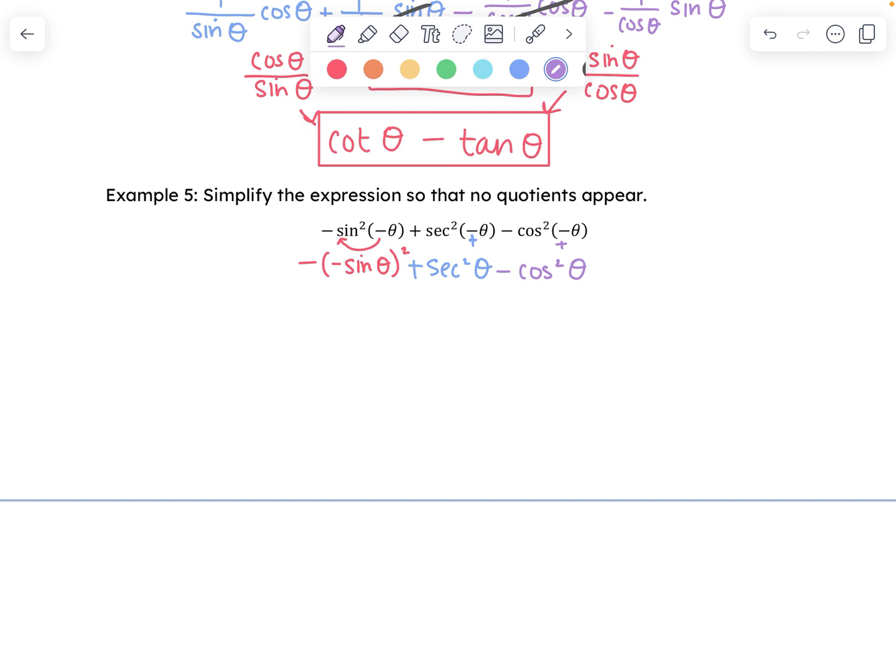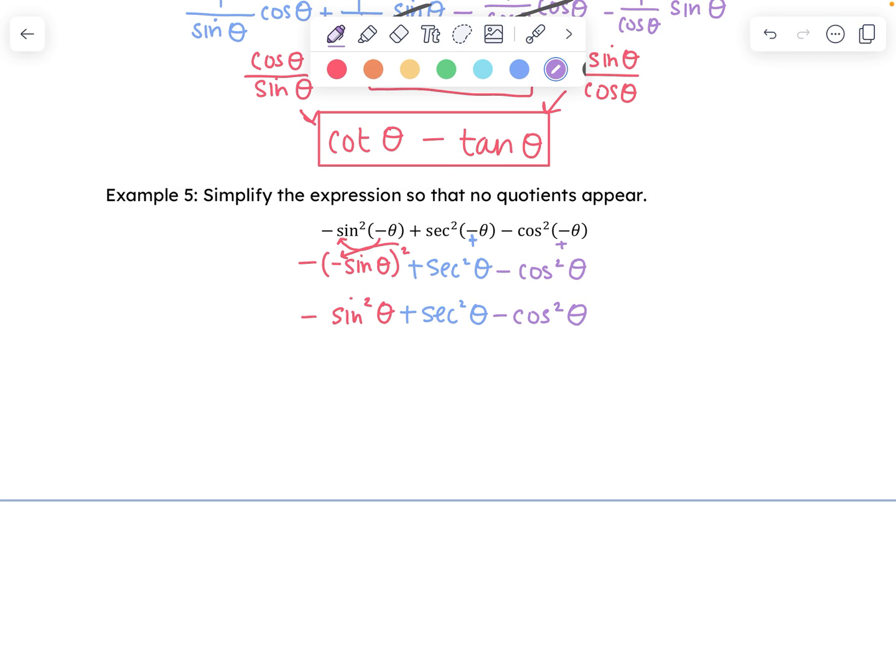For my sine, I am squaring it. So if I have a negative sine theta that I square, that squared right there is just going to become positive. So it's still negative sine squared theta plus secant squared theta minus cosine squared theta.